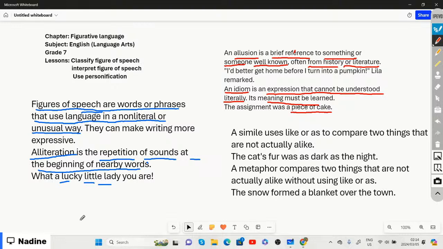So a simile, like we said, uses words like or as to compare two things that are not usually alike. For example, the cat's fur was as dark as the night.